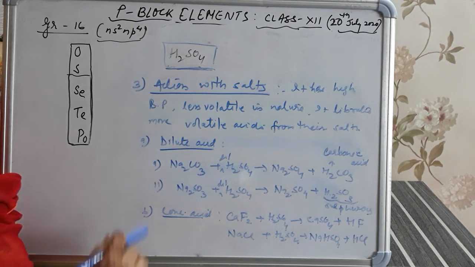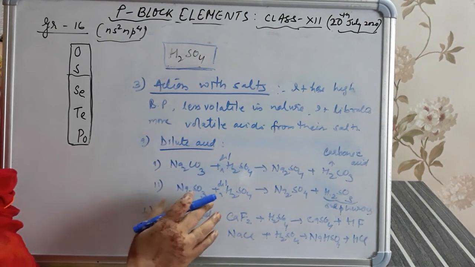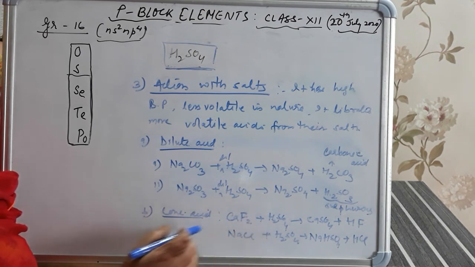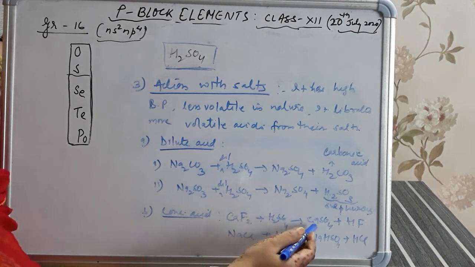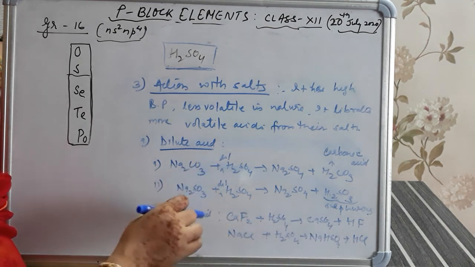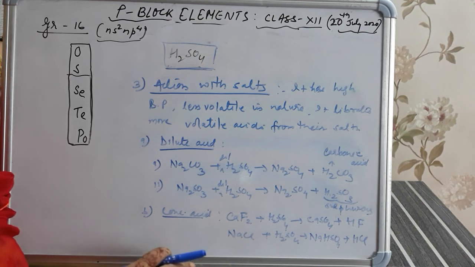What happens when conc sulfuric acid is added to calcium fluoride? This is an NCERT question. Simply write the formation of calcium sulfate and hydrogen fluoride. What happens when sulfur dioxide dissolves in water? It will form sulfurous acid.